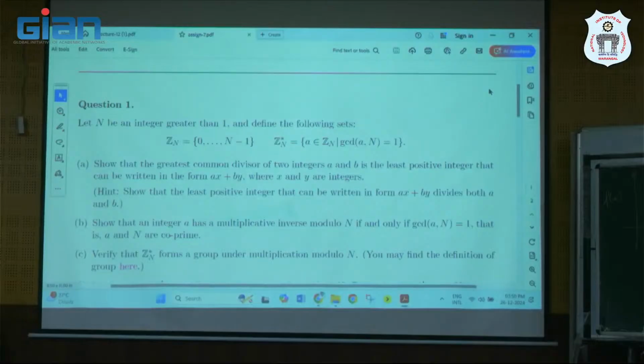Yes. So therefore GCD is less than or equal to this number, correct? Now let us try to argue the other way around, that ax plus by also divides a and also divides b.